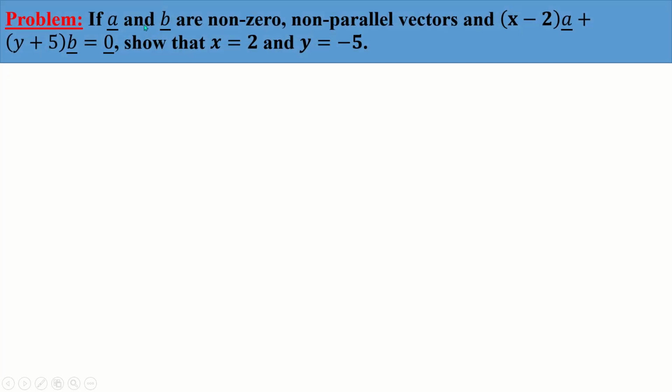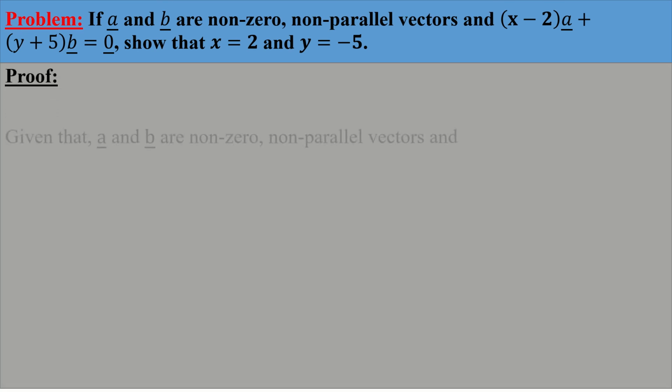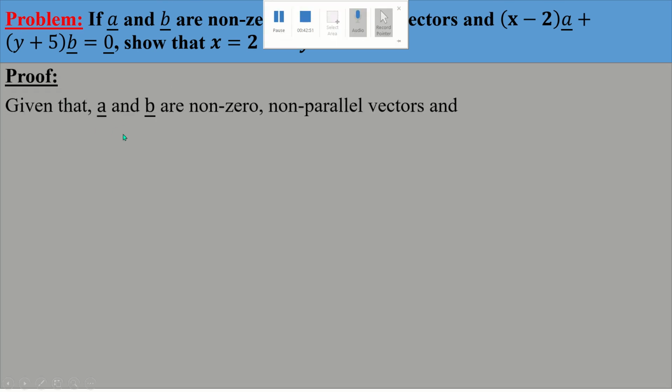Another problem: if a and b are non-zero non-parallel vectors and (x minus 2) a vector plus (y plus 5) b vector equals 0 vector, show that x equals 2 and y equals minus 5. Very easy. Solution: given condition.